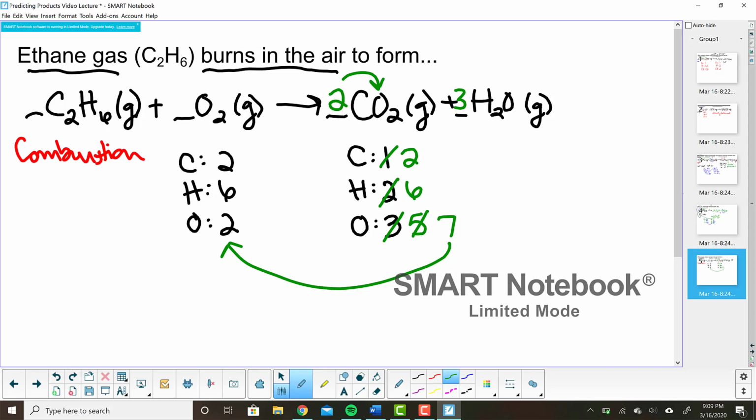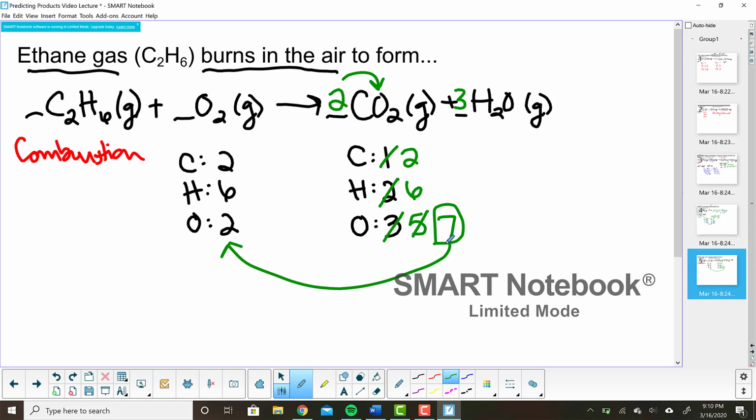But I can find a common factor. My recommendation when you end up with this odd number of oxygens on the right is just to double the water term.